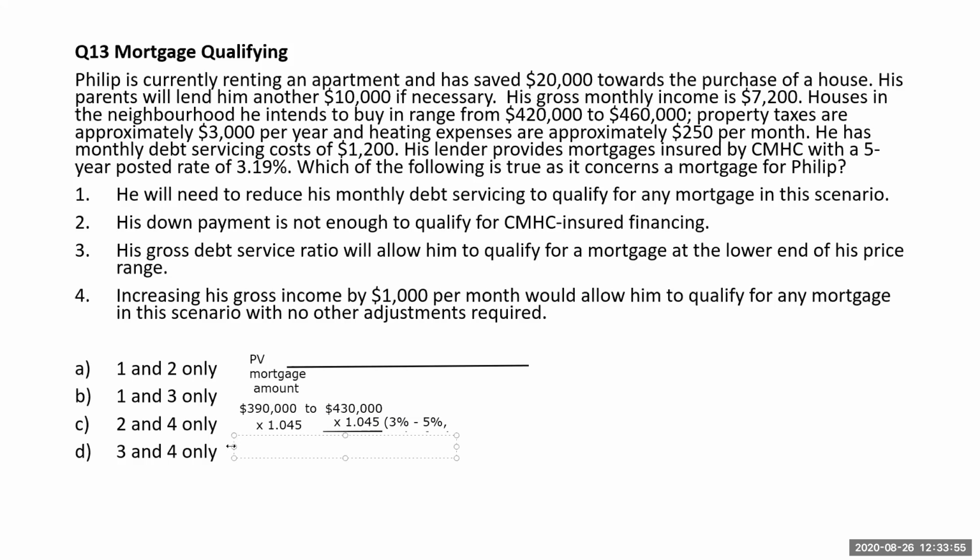You'll see that some of you would have used different numbers, and when you see those numbers in here, you're going to say, yeah, I would have got the same answer. So we're going to do 390 times 1.045. That gives us 407,550. That's your CMHC premium, Brad.